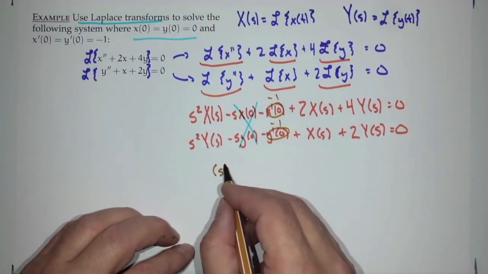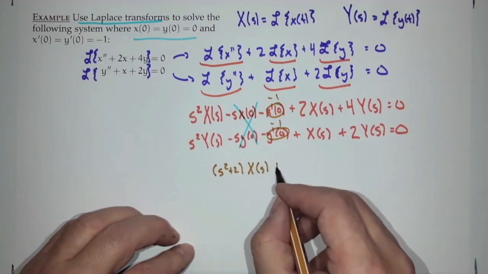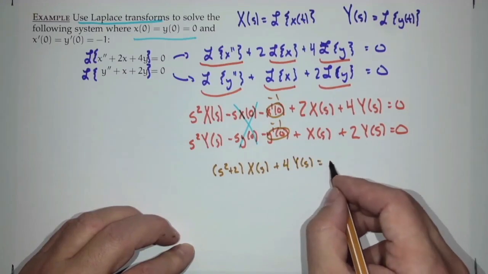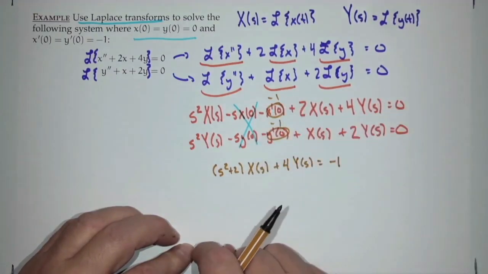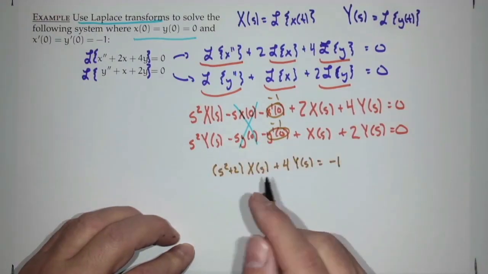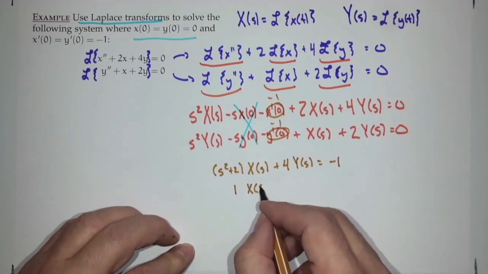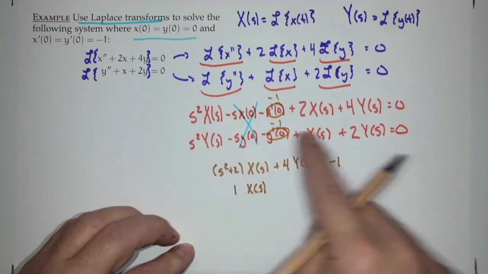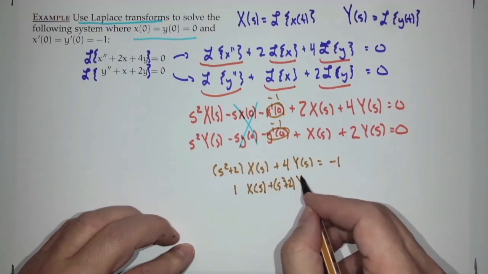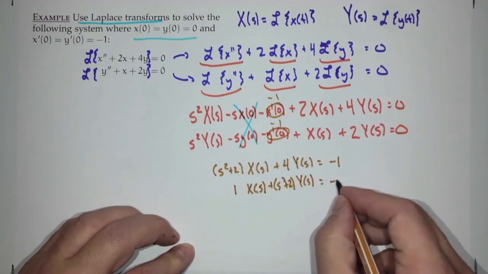We can say s squared plus 2 times x of s plus 4 y of s equals -1, because I can move the -1 across. And then downstairs, we have a single 1 times x of s, plus s squared plus 2 times y of s, and again equals -1.